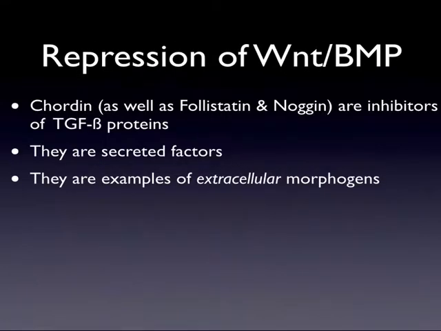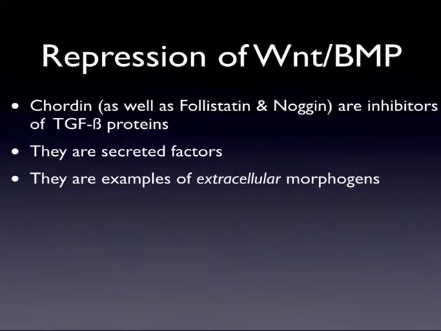So repression of the TGF beta superfamily proteins is what helps set up a concentration gradient. You've got BMP being expressed in a rather uniform distribution all the way across that mesoderm. It's being repressed. It's not being allowed to bind to its receptors by these things that are being produced in the organizer.